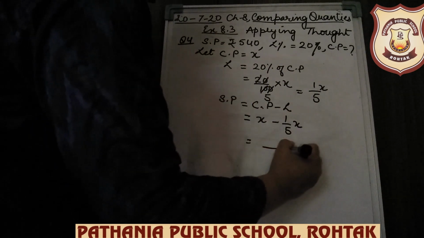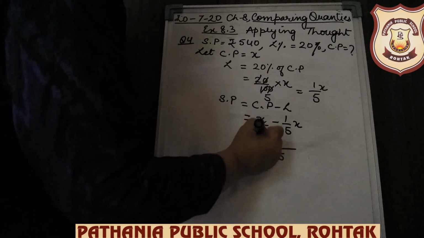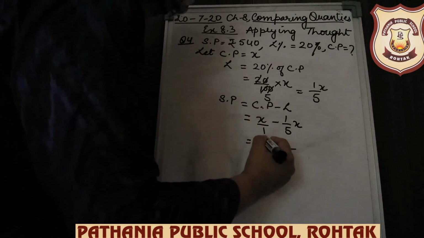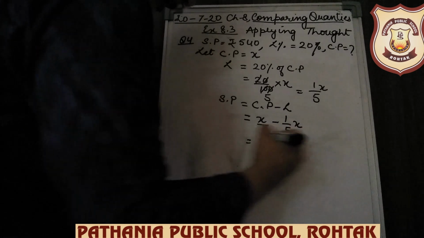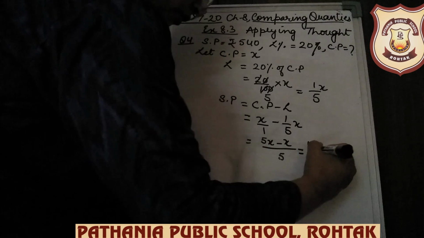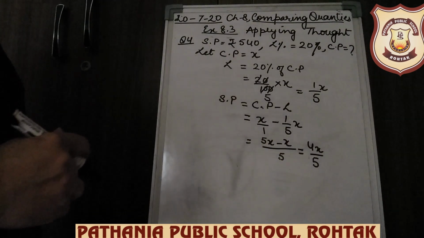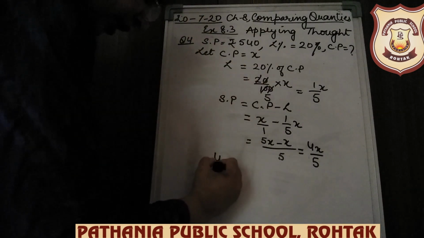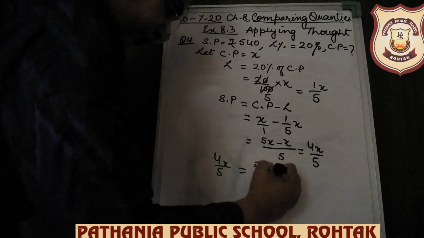Now take the LCM. If you get confused, write 1 here. This 5 will get multiplied with X, so this becomes 5X. 1 into X, X, and 5 minus 1, 4, X upon 5. This is your SP. But SP is given as 540. So 4 upon 5 X is equal to 540.